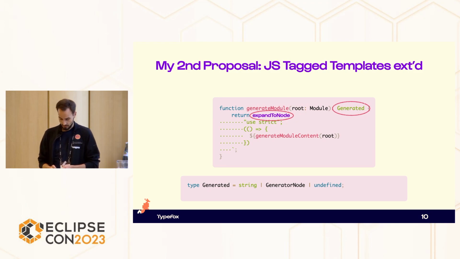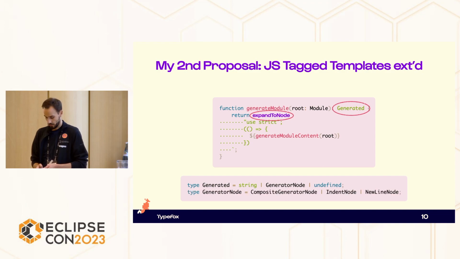And to complete a bit on what is a generator node, we have introduced a composite generator node that has a list of generator nodes and strings. We have a special one for capturing indentation information in an abstract manner. And last but not least, we have one that represents line breaks.